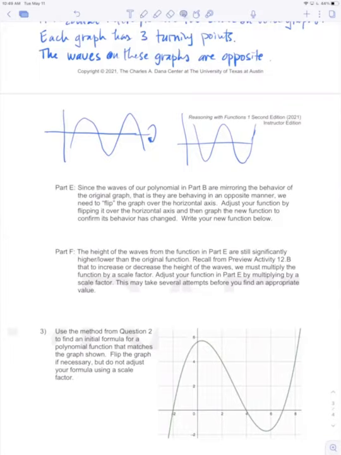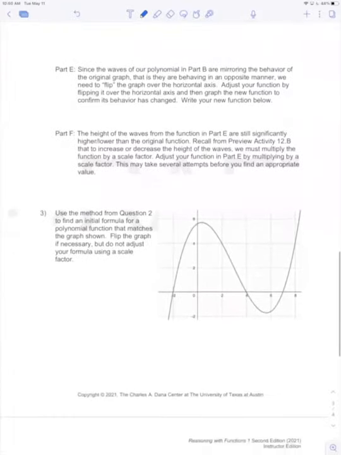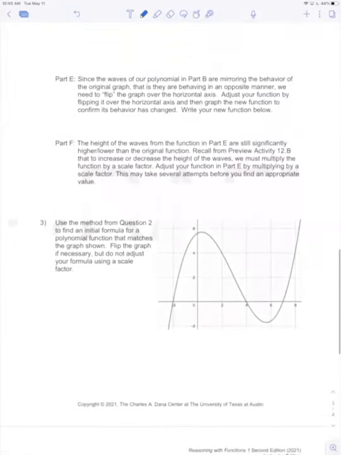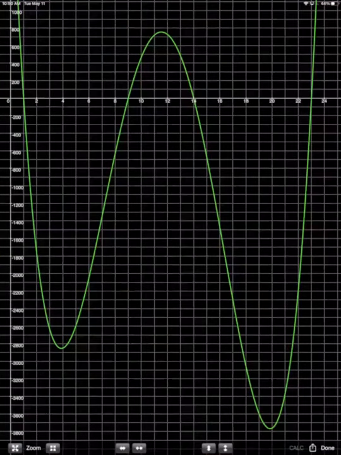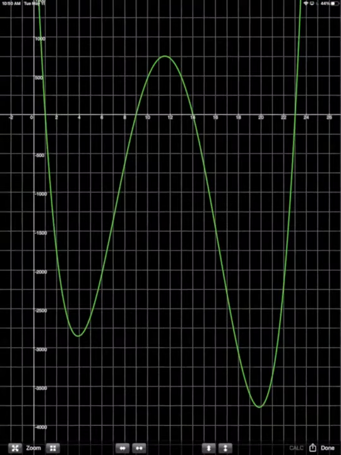So let me get rid of that I just scribbled on there. Let me go back here to the calculator. And that's what we have. I'm going to make it a little bit smaller, a little bit more manageable. And we have two minimums and one max in the middle, relative max and mins there.